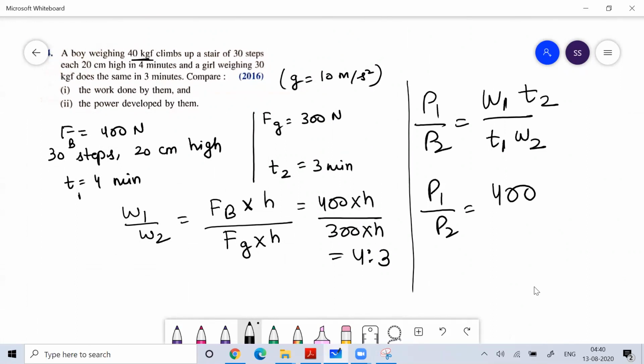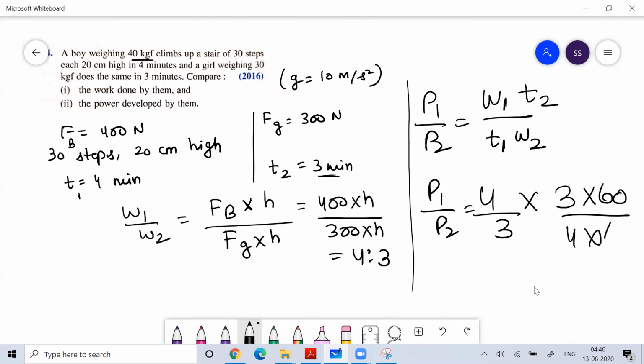The ratio of their work done is 4:3, while the time of the second one is 3 minutes and the time of the first one is 4 minutes. So the ratio of the power will be 1:1.